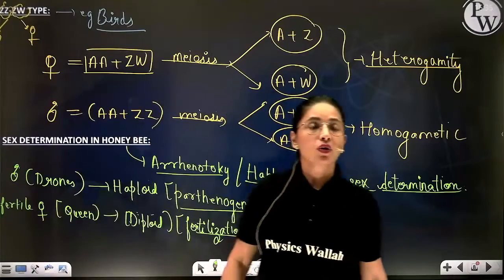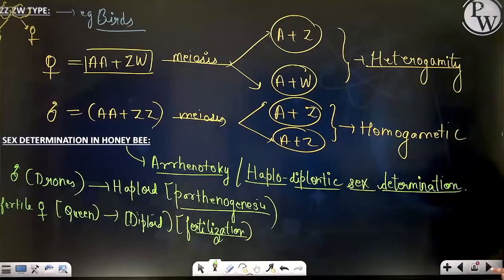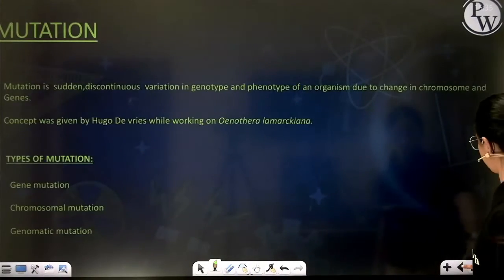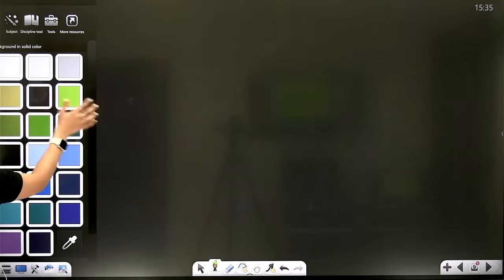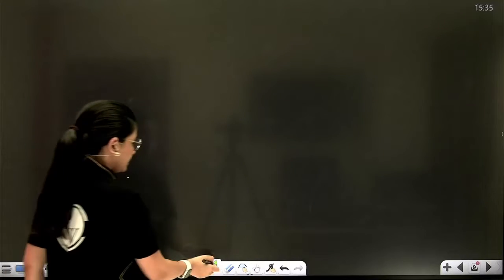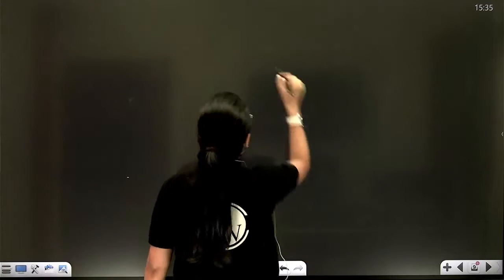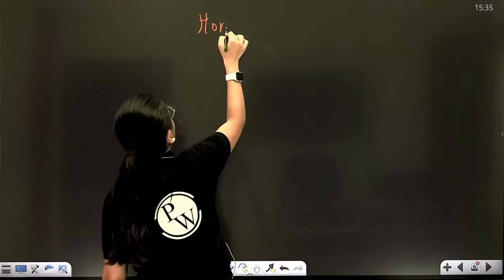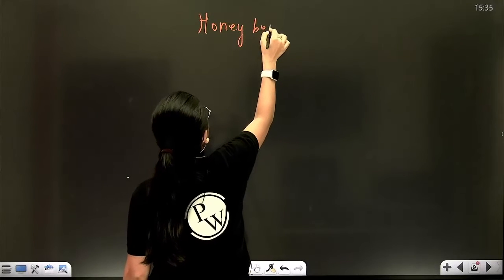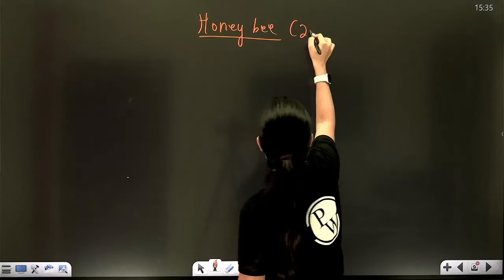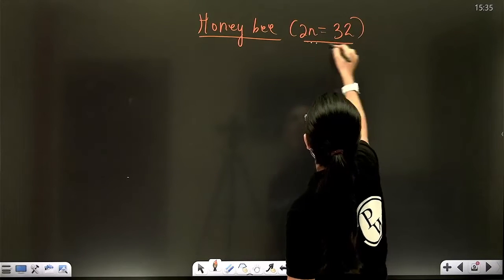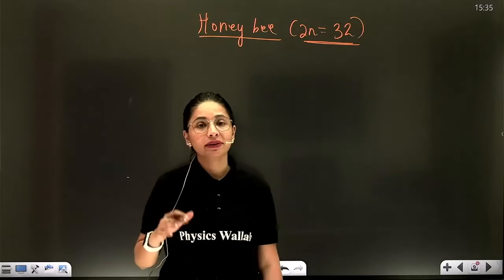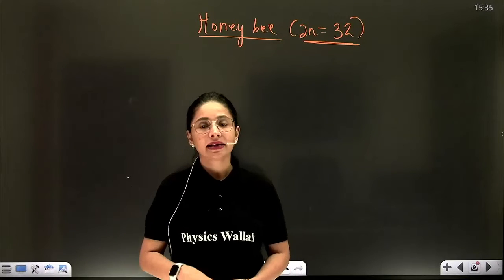Now, what happens in case of honeybee? Let me add a page first. Okay, check this. Very interesting concept. First of all, a diploid cell of honeybee has a total of 32 chromosomes. That means 16 in haploid cells and 32 in diploid cells.